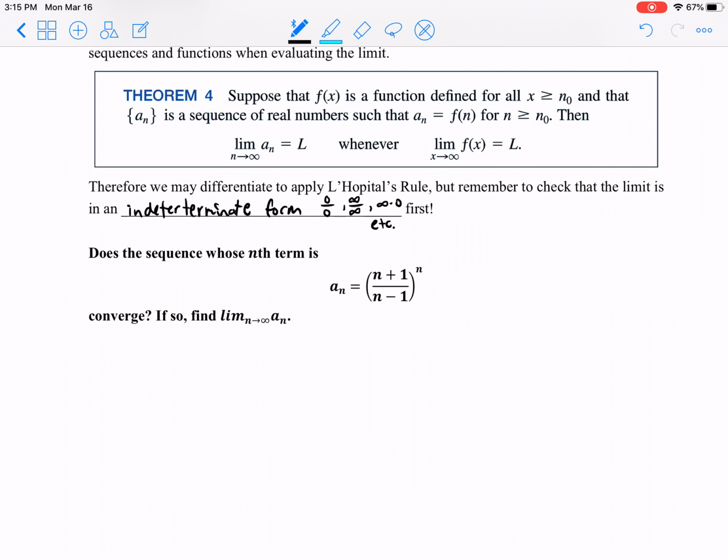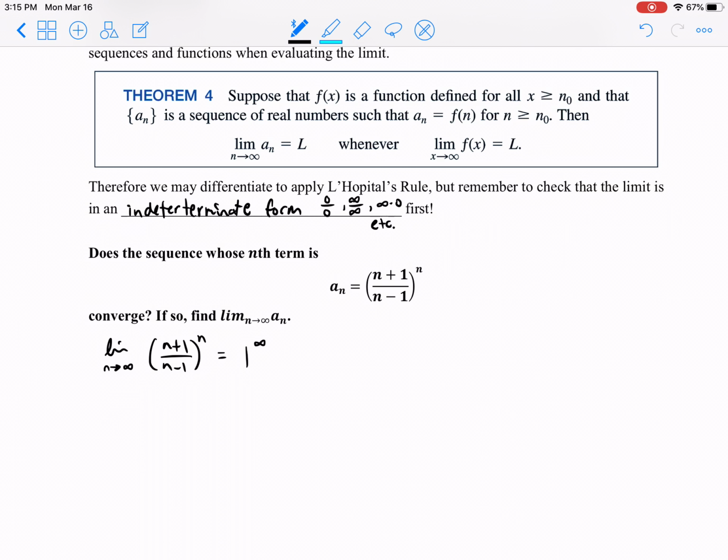So let's take a look at this one. Does a sequence whose nth term is a_n equals (n plus 1 over n minus 1) to the nth converge? If so, we want to find that limit as n goes to infinity of a_n. So the limit as n goes to infinity of (n plus 1 over n minus 1) to the n is going to equal 1 to infinity.